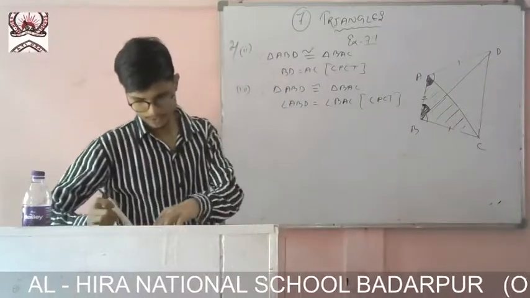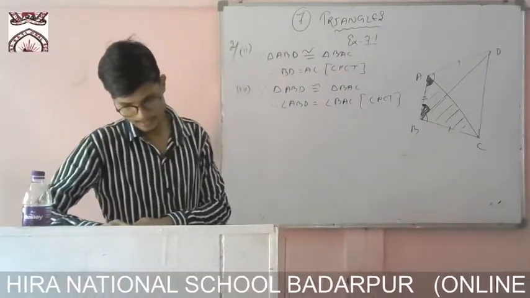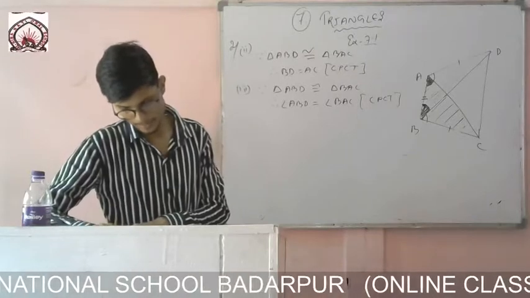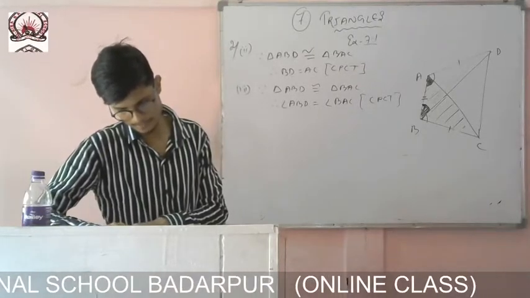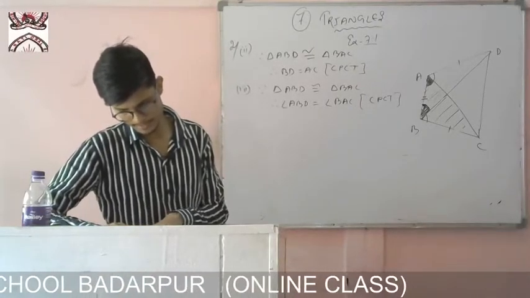Now let us move to question number 3. AD and BC are two equal perpendiculars to a line segment AB, so that CD bisects AB.